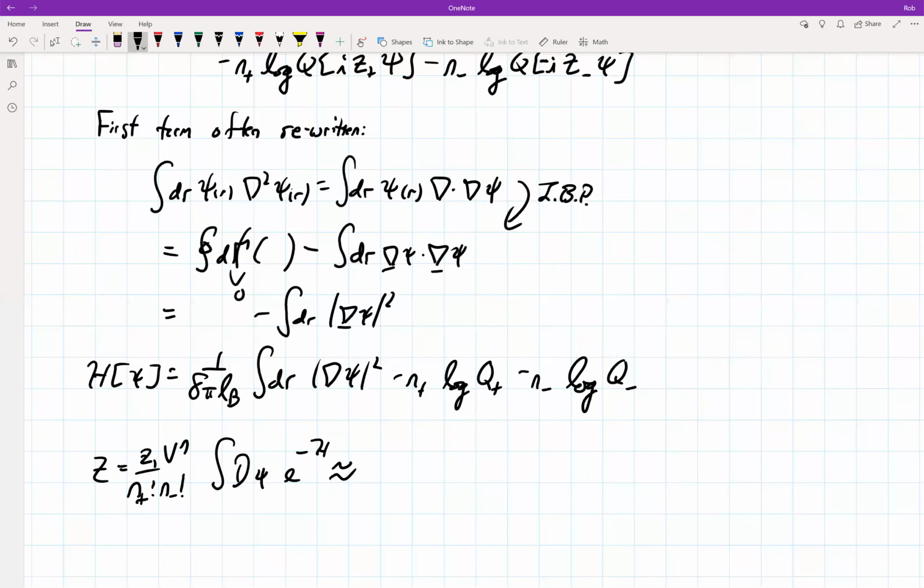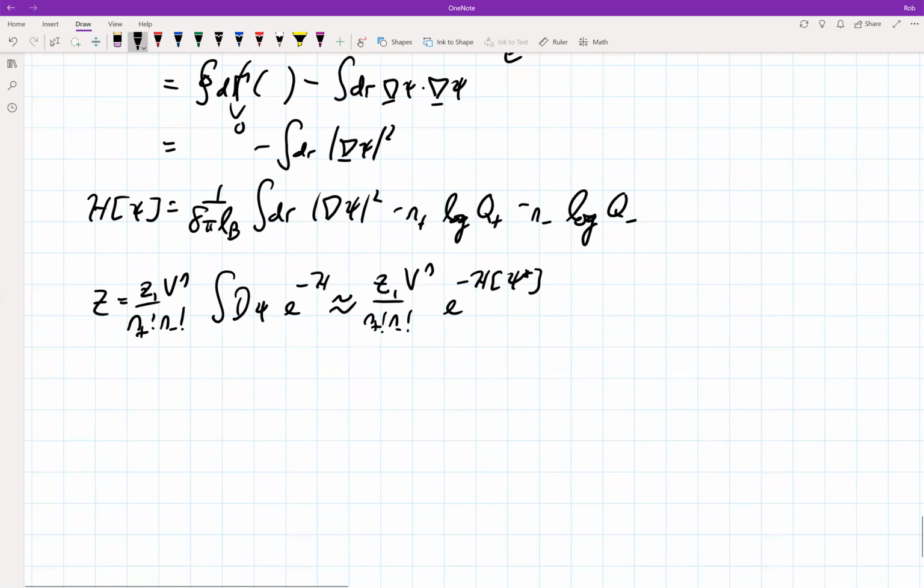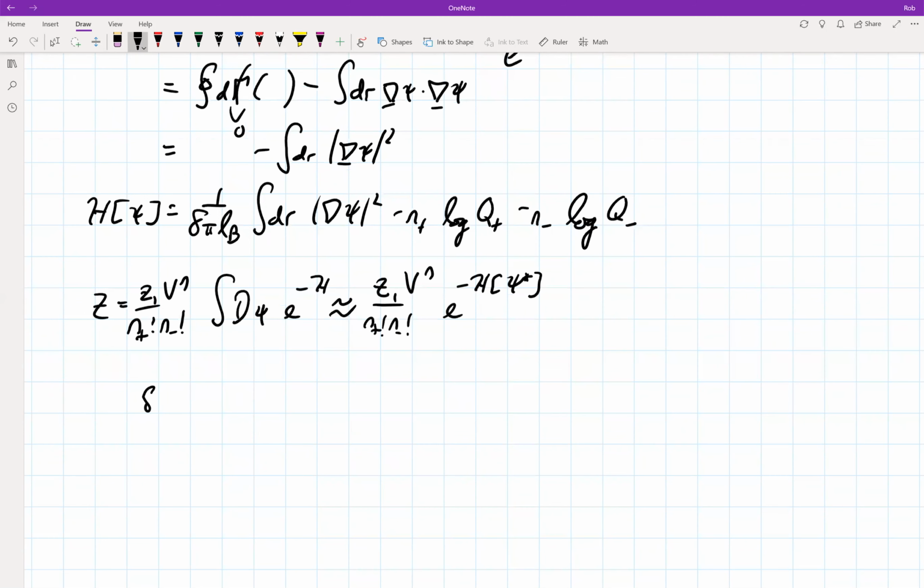Again, we'll say that this is dominated by the mean field, and plus factorial minus factorial e to the minus h at psi star. And the thing that we want to find is the equation that results when we write d by d psi evaluated at psi star equals 0. Because that's going to be the thing that minimizes our free energy.